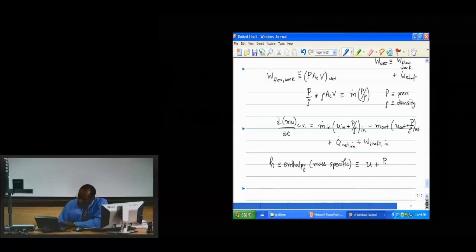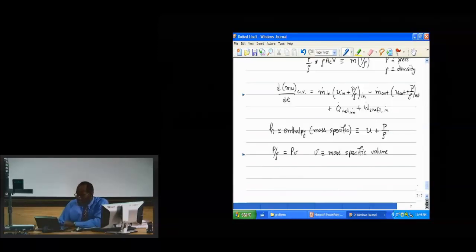Now, P over rho is sometimes written as Pv, where v is the mass specific volume. So the density is kilogram per meter cubed, and the specific volume is meter cubed per kilogram. It's just really the reciprocal of the density.